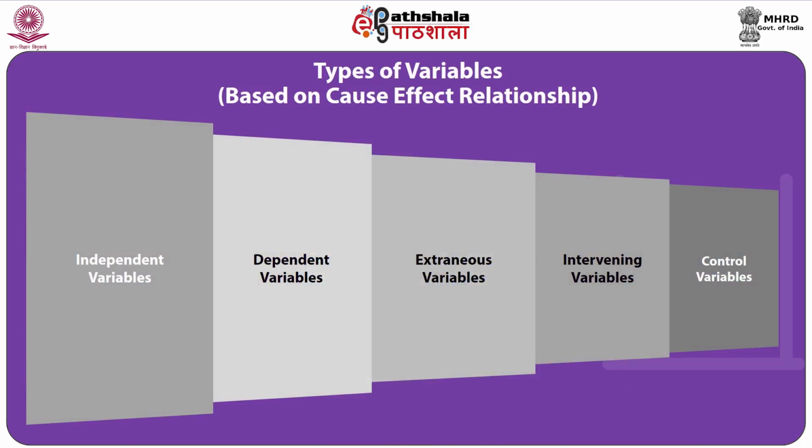The next type of variables are dependent variables. These are the variables that are dependent upon or consequences of the other variables, that is mostly independent variables. In causal relationships, these are the outcomes or changes brought about by the independent variables and therefore named as effects.